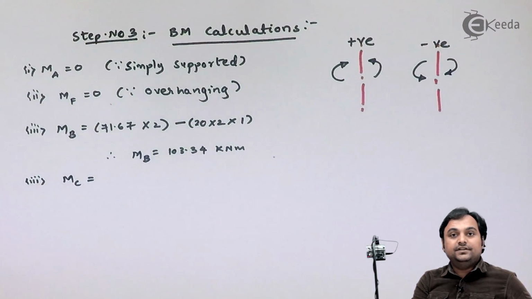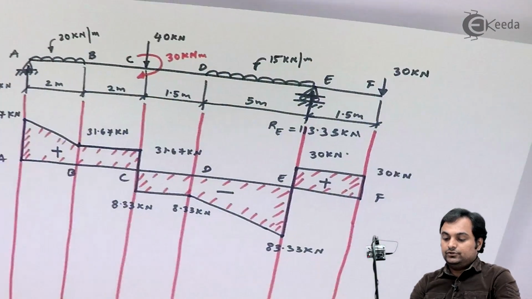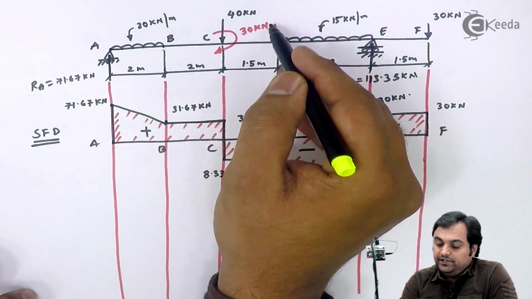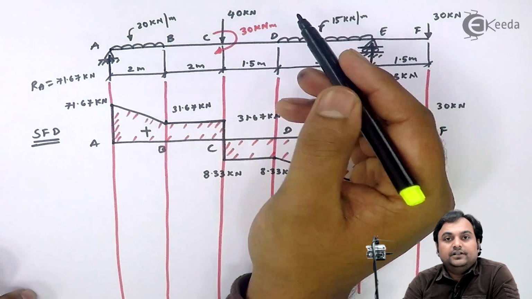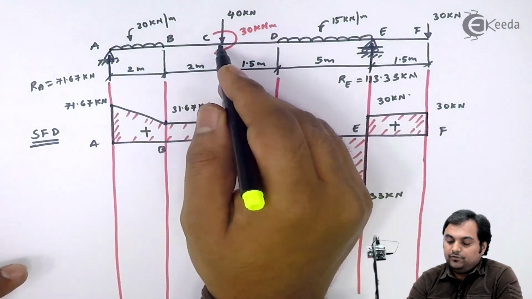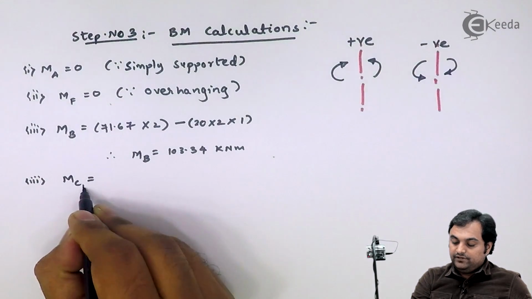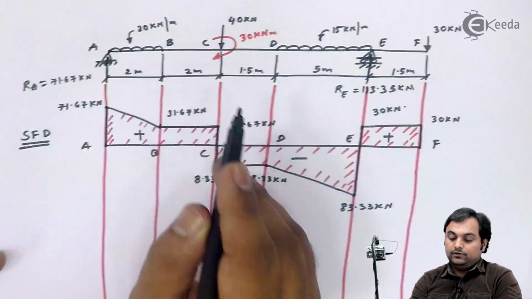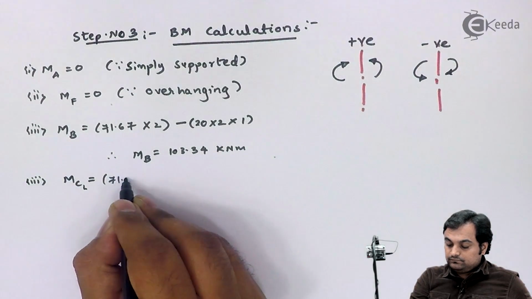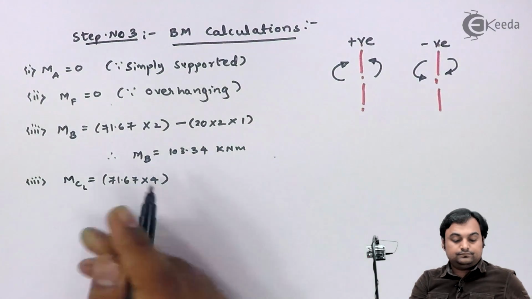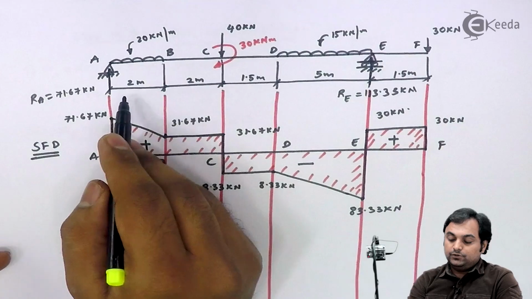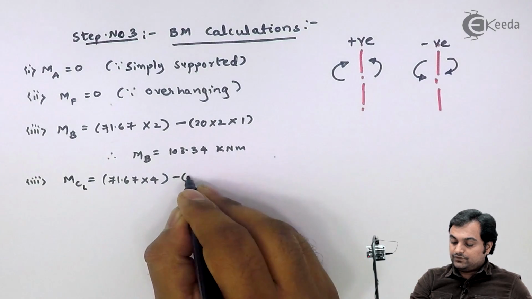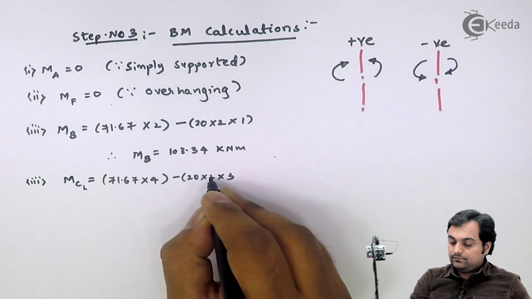Now for the moment at C I would be getting two values, one in which I will not be considering this 30 kilonewton meter moment, and the other value in which I would be considering this. So the first moment at point C, I will call this to the left of C, that is equal to 71.67 into 4, minus 20 into 2, and the distance is 3 meters from point C. So minus 20 into 2 into 3.